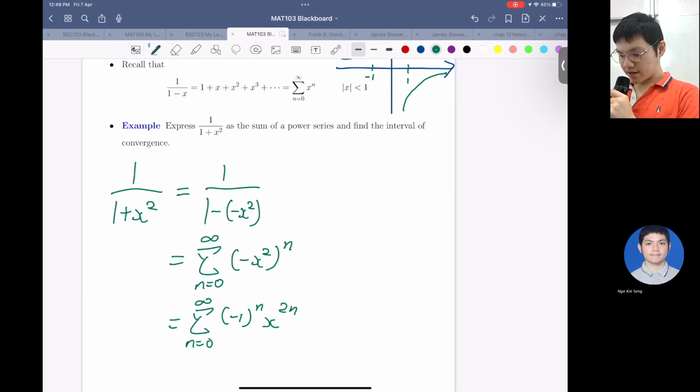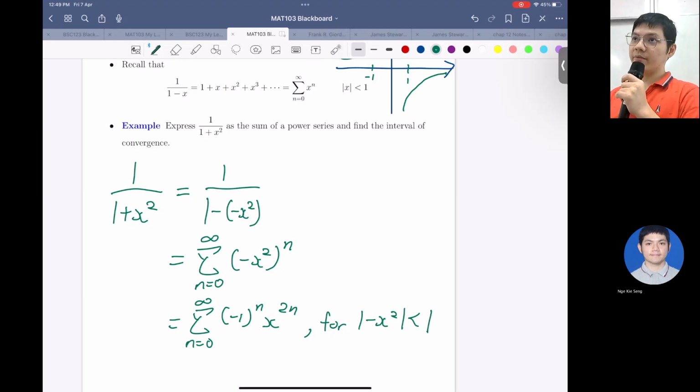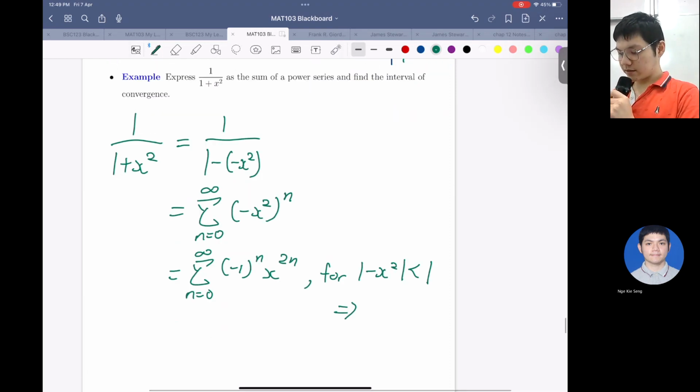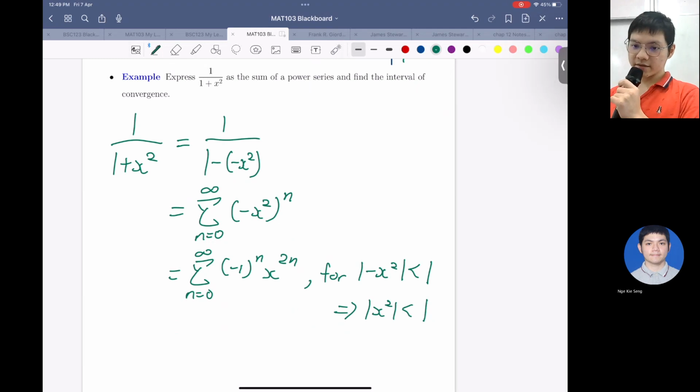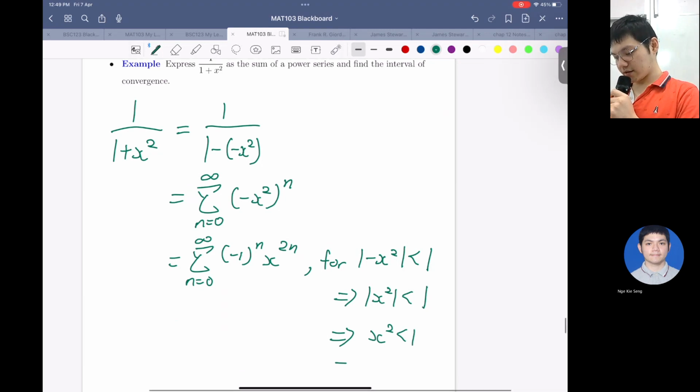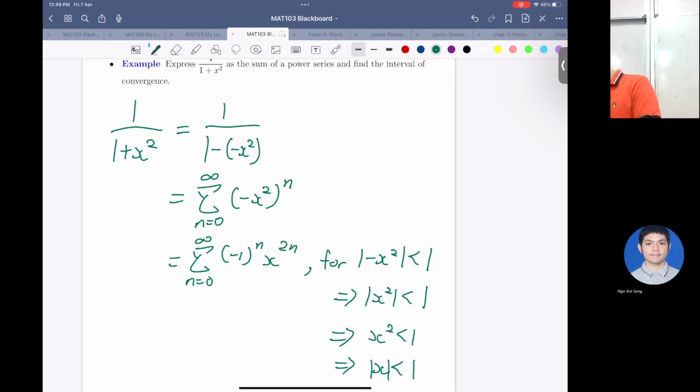So this means that this converges for the absolute value of minus x squared less than 1, because you substituted x to be minus x squared. Which implies that x squared is less than 1, and then also the modulus of x is less than 1. So you stay in the same range for this case.